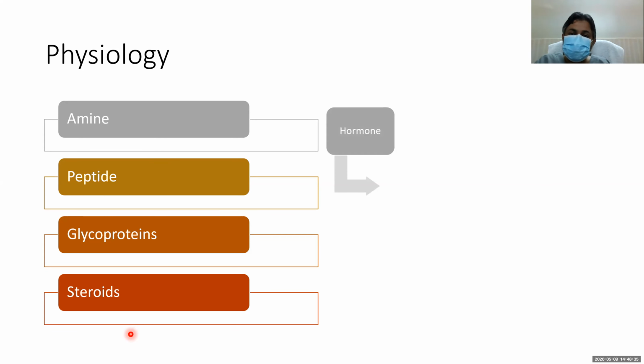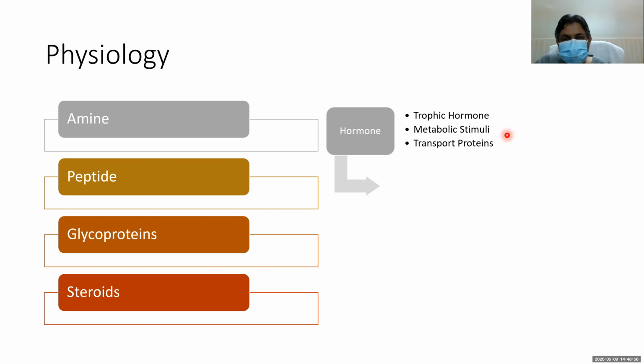The hormone is secreted from an endocrine gland, and it is under the influence of a trophic hormone. There are feedback mechanisms. There is always a dynamic control over how much has to be released, how long it is to be released, and when it is going to stop and restart. That all is trophism, and that trophism is again under the influence of some other gland, the master gland.